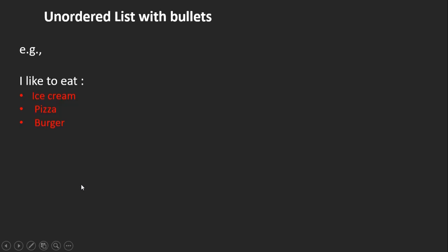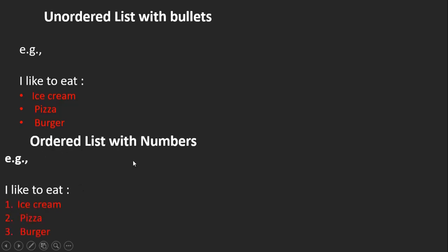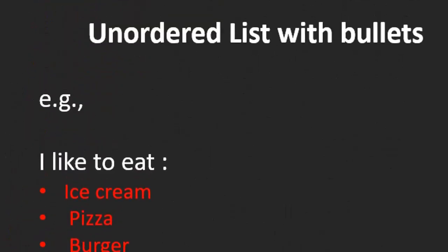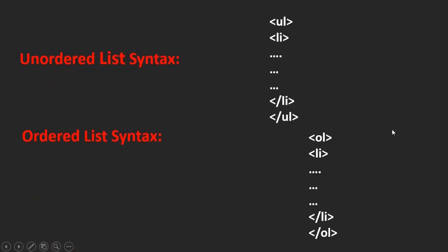Whether it is in bulleted form or ordered form, an ordered list has numbers like 1 2 3 4. When you go to web pages through web browsers, you will see different types of lists available on different websites for different purposes, isn't it?